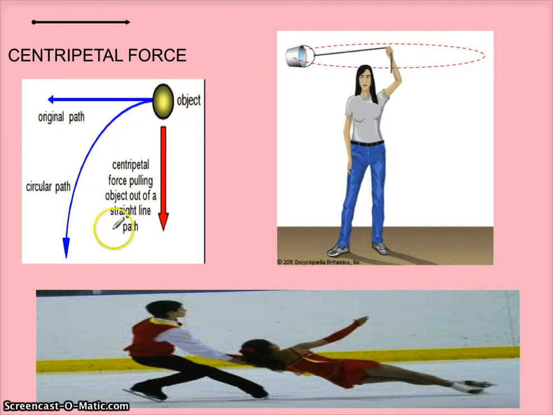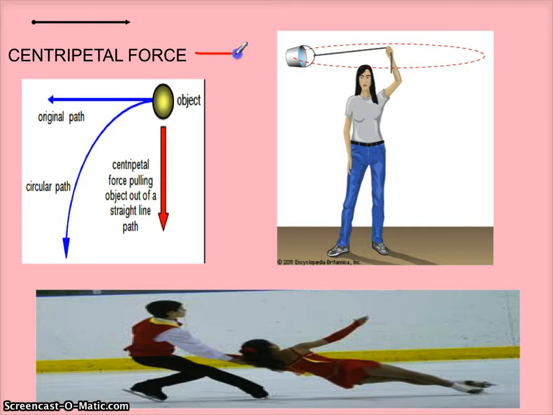But if you have something going in a circle, like this bucket here that this lady is spinning, like this skater here that this little guy is spinning, you have more than one force upon it. But some parts of Newton's second law do still apply. Like an object's tendency to stay in line, objects in a circular motion tend to have a force that keeps it moving in a circle.